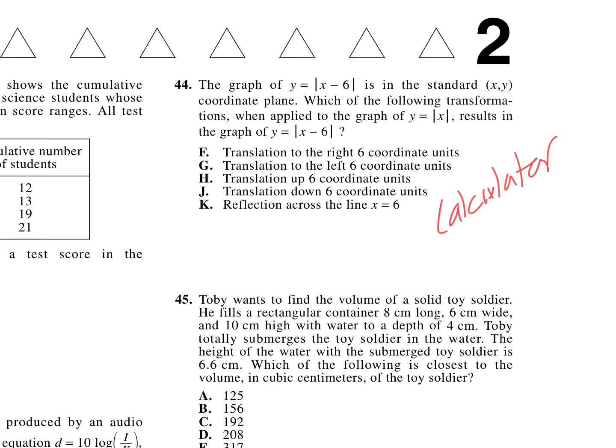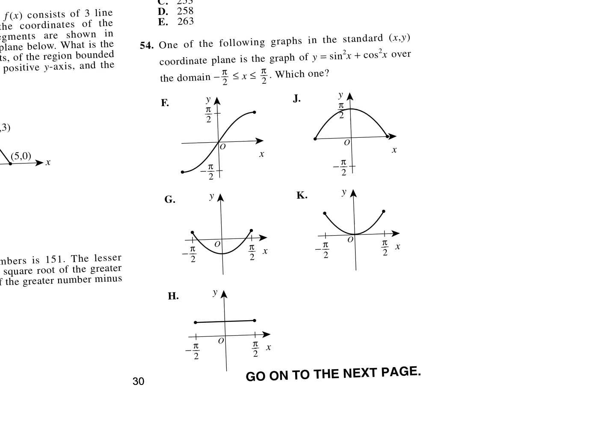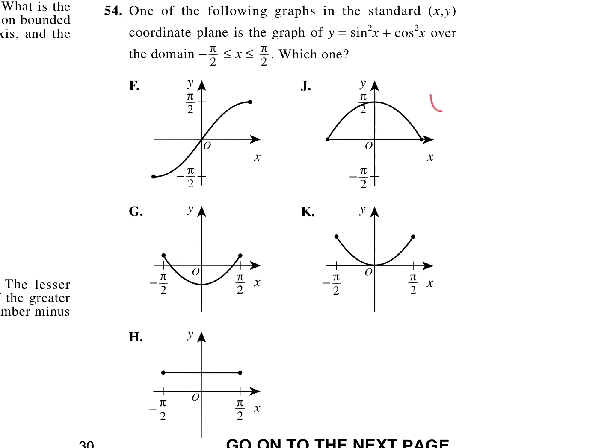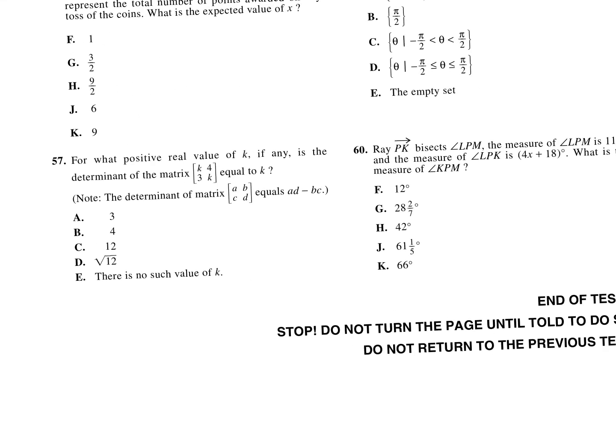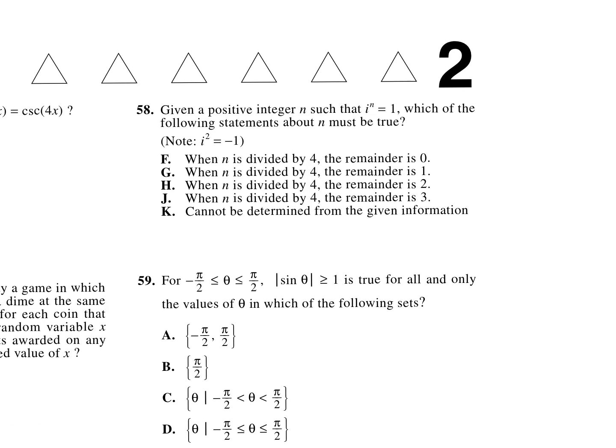Next page. Number 54 is calculator. Last page, number 57 is plug and chug. And 58 is pick a number.